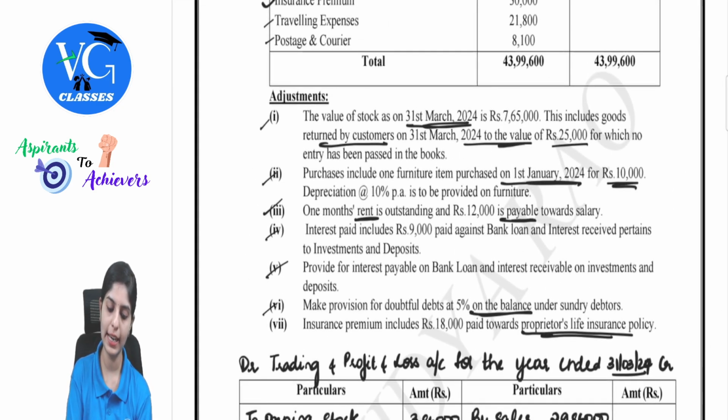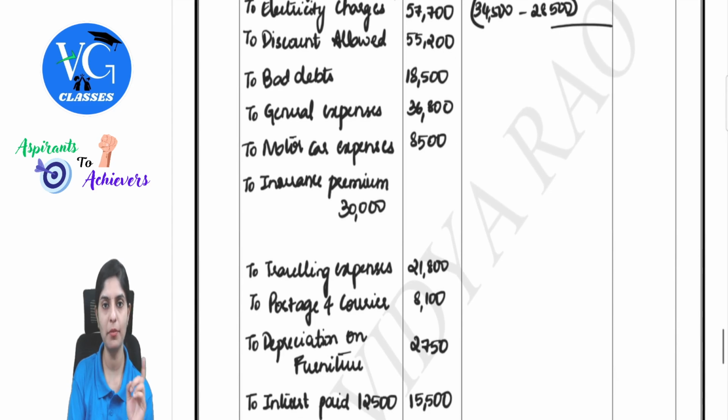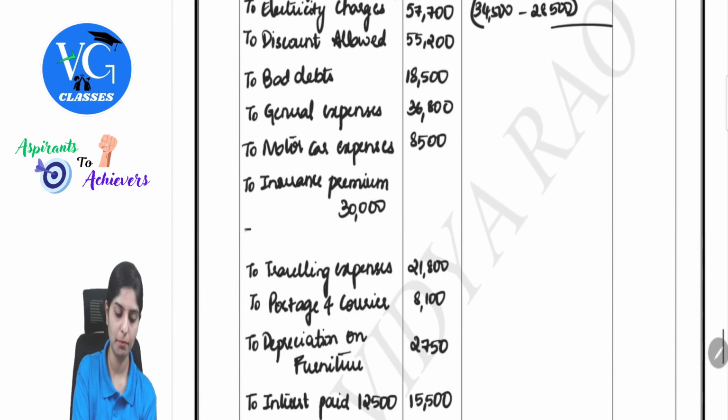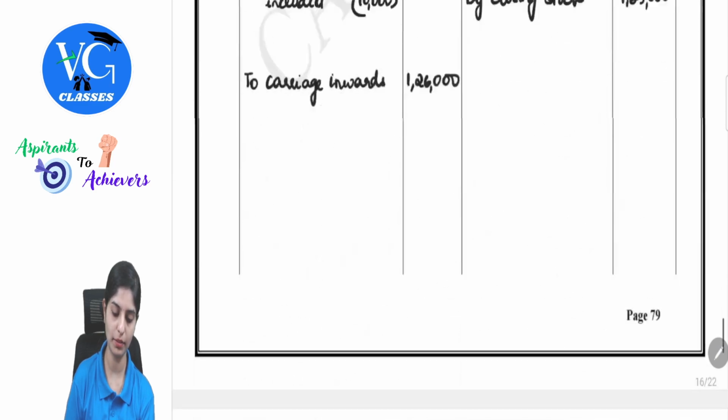Insurance premium includes 18,000 paid towards proprietor's life insurance policy. So we have also already recorded the insurance premium. We have to remove the proprietor's share, that is 18,000.